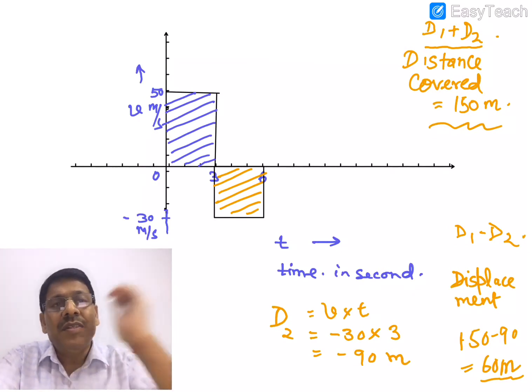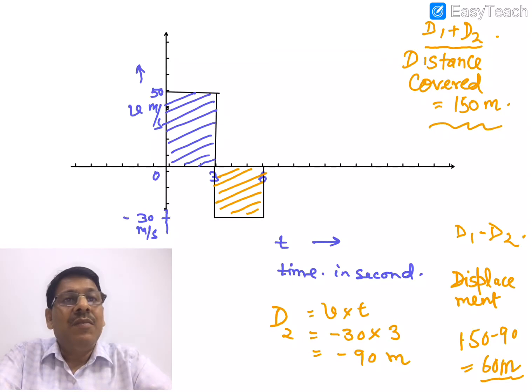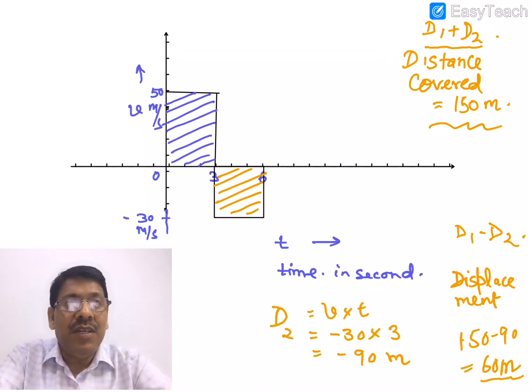In which you see here a body is moving with velocity 50 meter per second, and moving for 3 seconds, and then next for 3 seconds the body is moving with the negative velocity 30 meter per second.